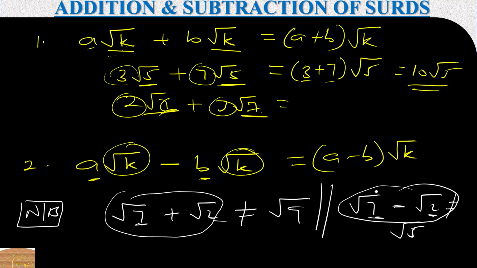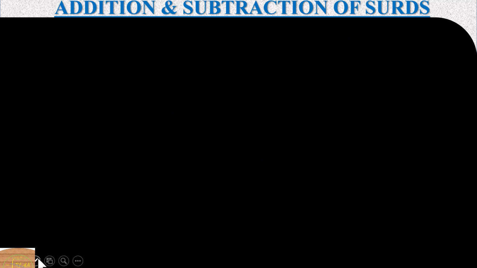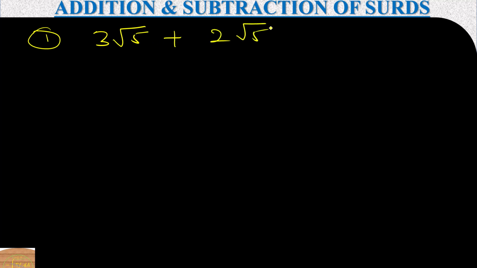All right, now that we know the conditions, let's do number 1. So pick a paper and your pencil and let's solve the following. So 3√5 plus 2√5 plus 3√5. Okay, so let's solve this together.